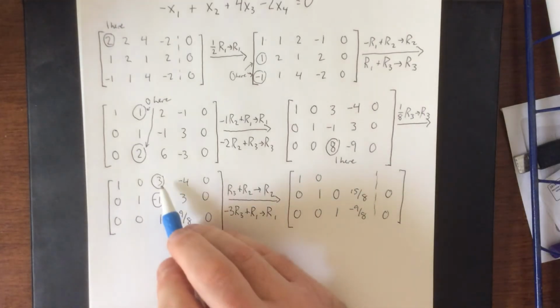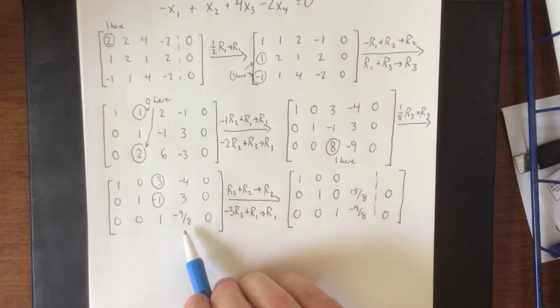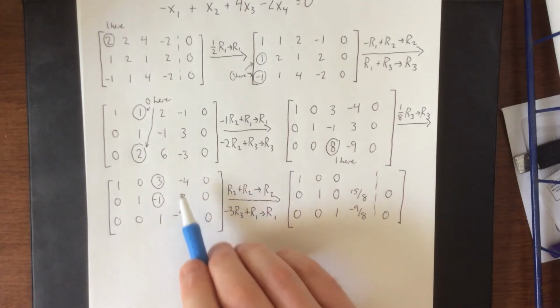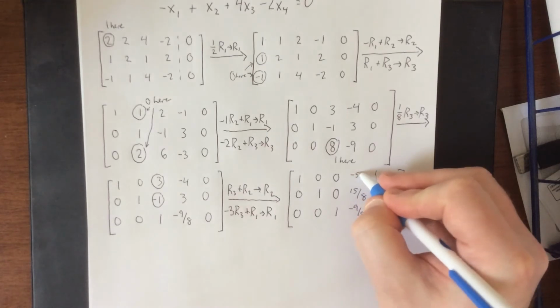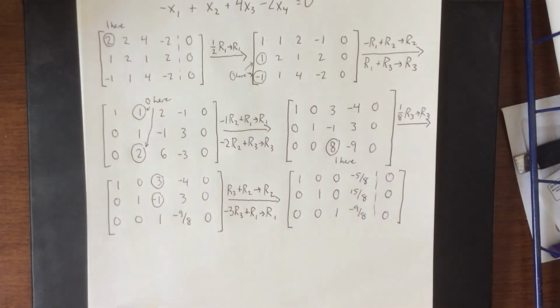And negative 3 times 1, add to 3, will give us the 0 that we were trying to get. Negative 3 times negative 9/8 will be positive 27/8. We'll be adding that to negative 32/8. Negative 32 and positive 27 will give us negative 5/8. And of course, 0 stays 0.